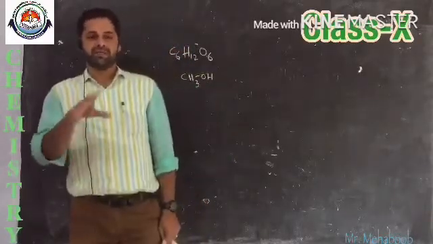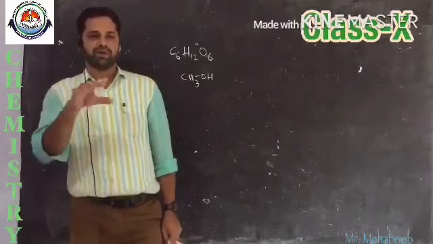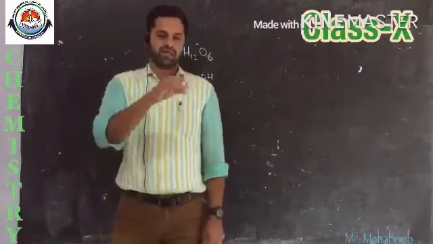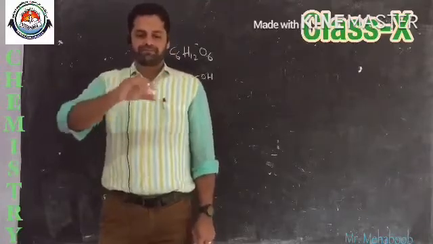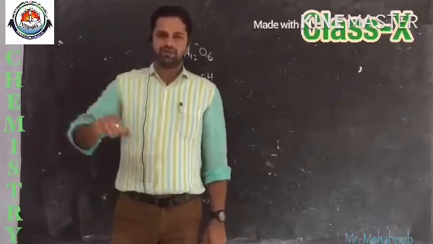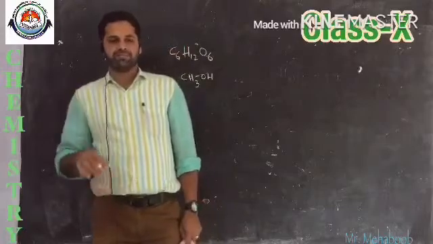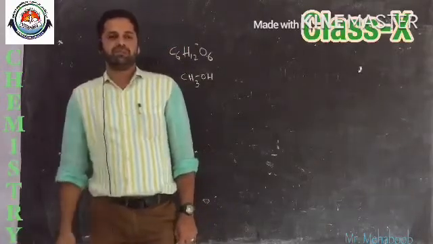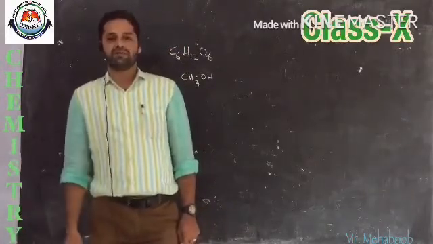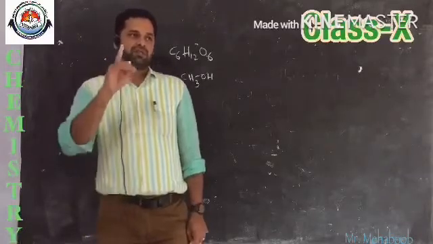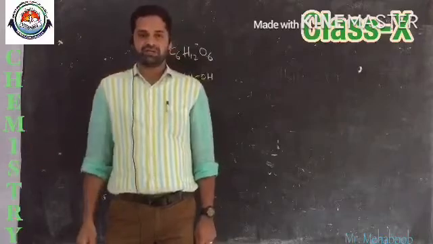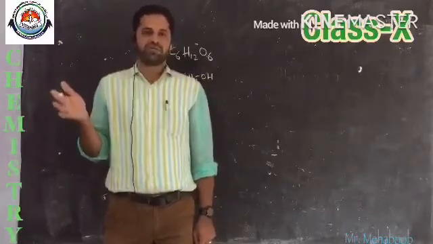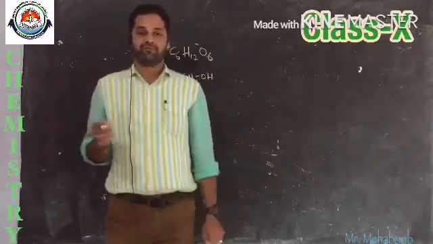Universal indicator is a mixture of indicators, produced by mixing many indicators. That is impregnated in a strip, used for measuring the different strengths of acids. Even the same acid may have different concentrations, so based on the different concentrations, they have different values of pH.